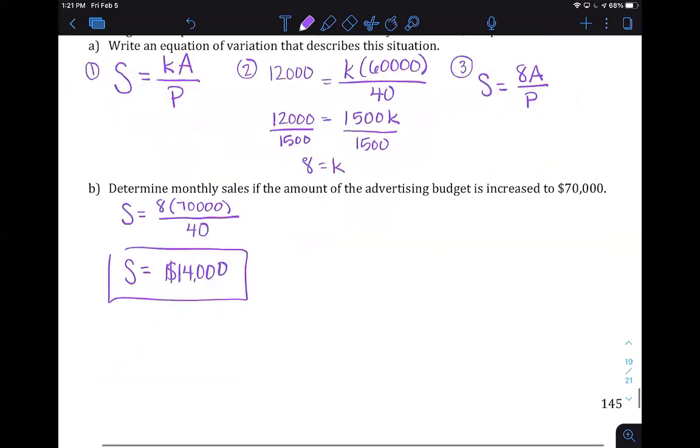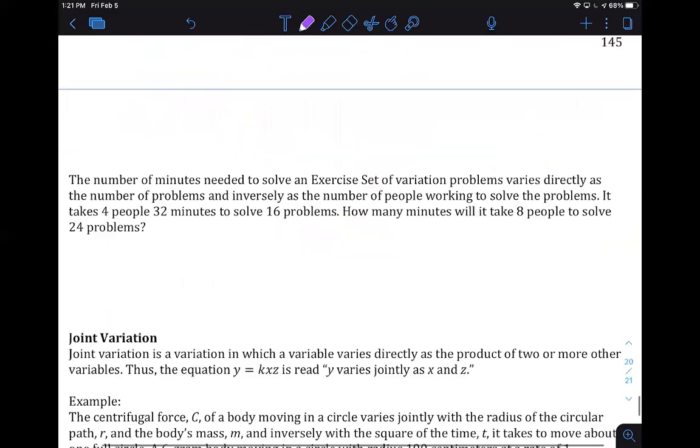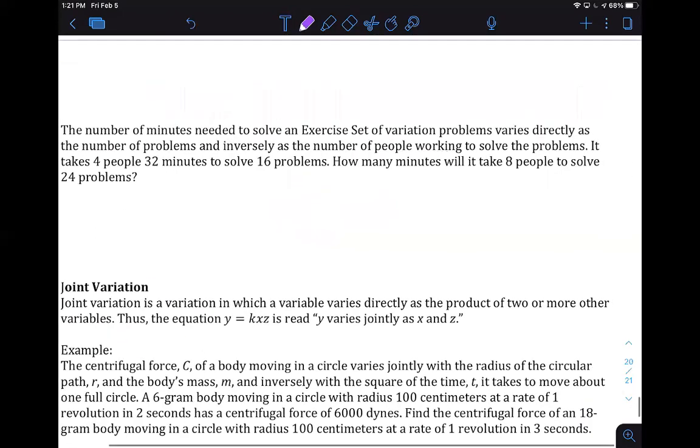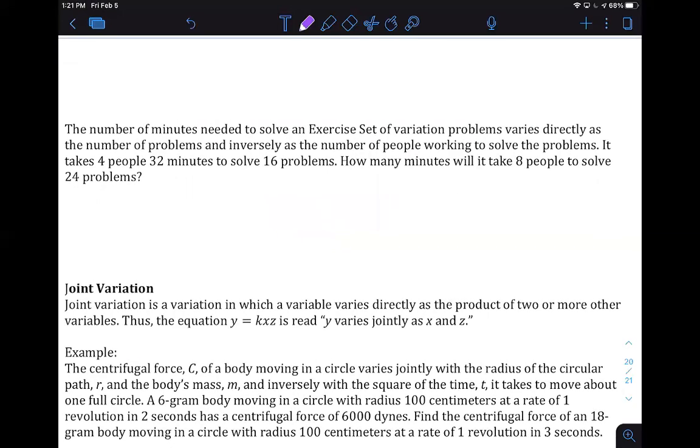All right. So the number of minutes needed to solve an exercise set of variation problems varies directly as the number of problems and inversely as the number of people working to solve the problems. Okay, so here we have to come up with our own variables. So we have the number of minutes.